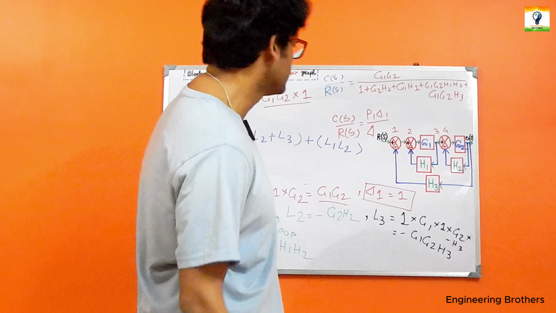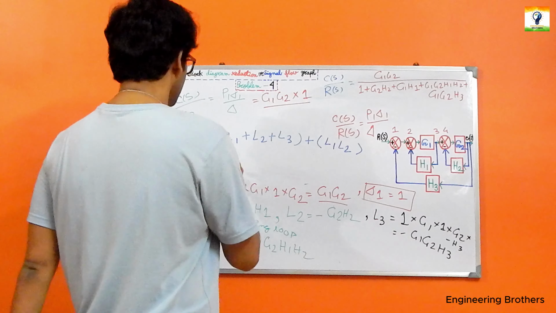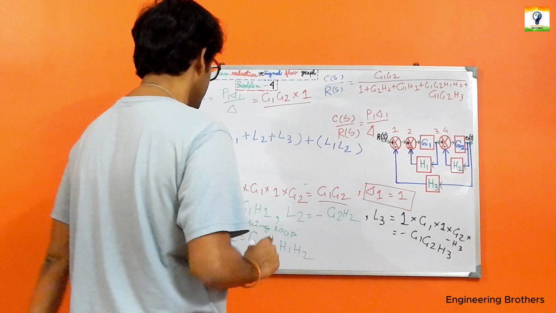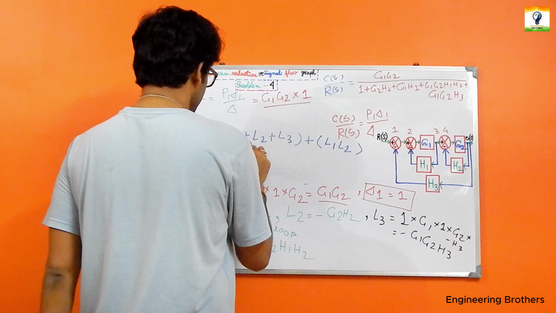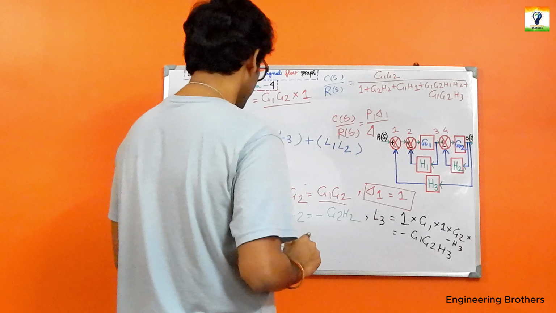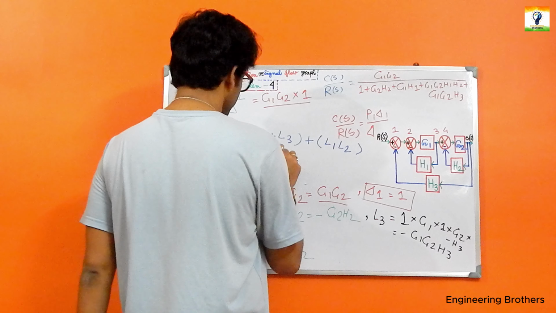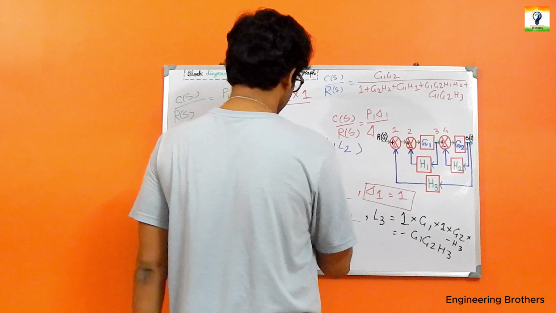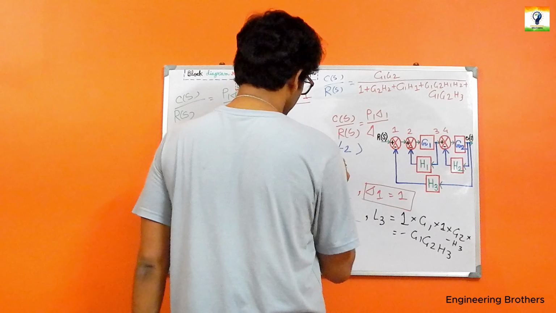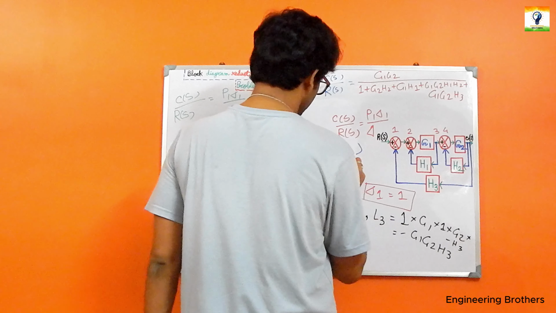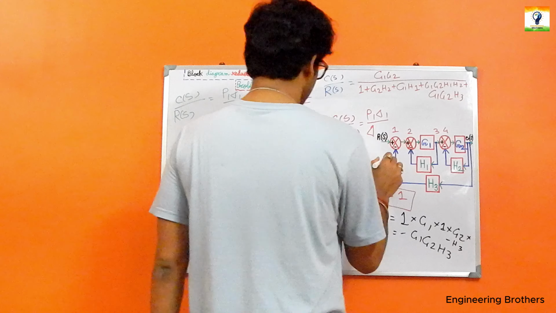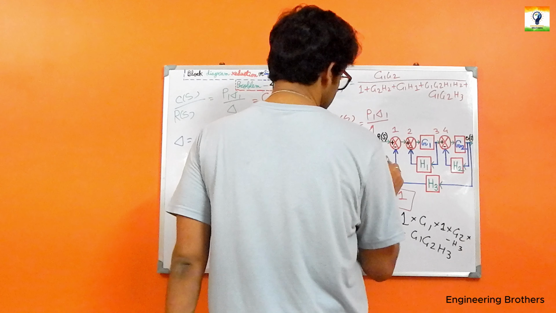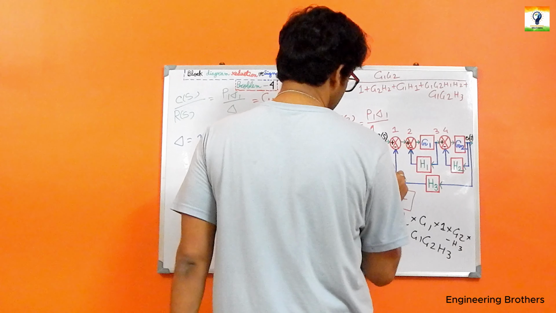Now let us put that in our given expression for delta, which is 1 minus the loop expressions. For individual loops we have minus of G1 H1, L2 will be minus of G2 H2, and the next one should be minus of G1 G2 H3, plus the two non-touching loops, which will be G1 G2 H1 H2.